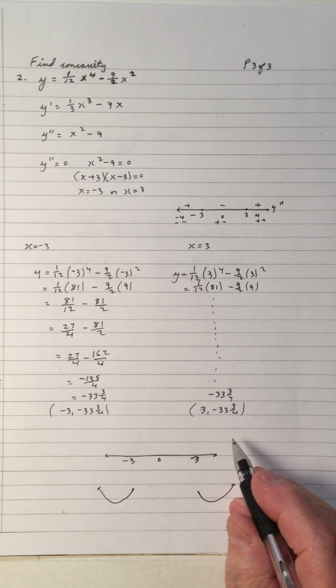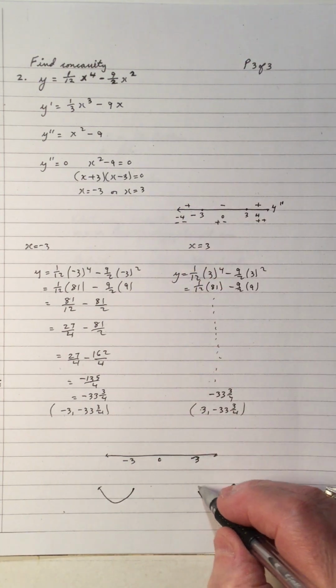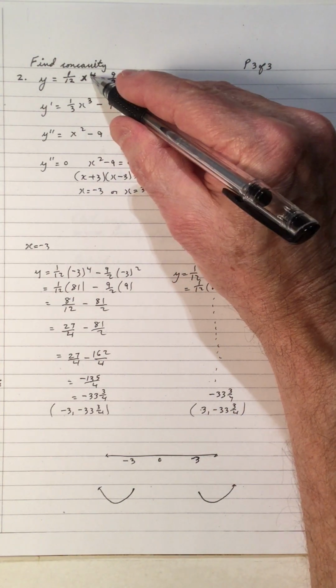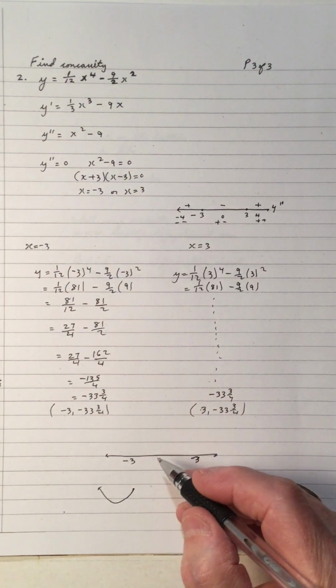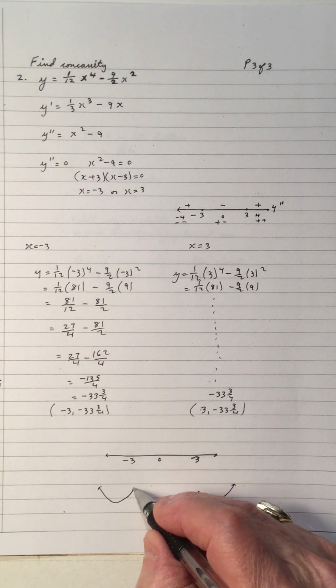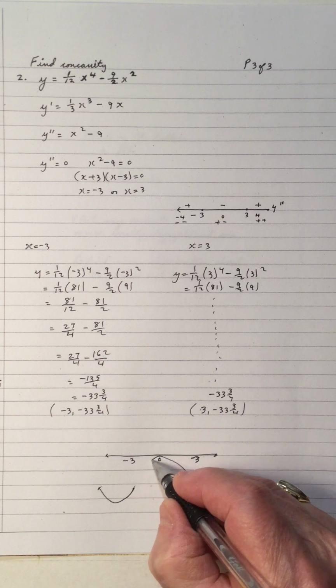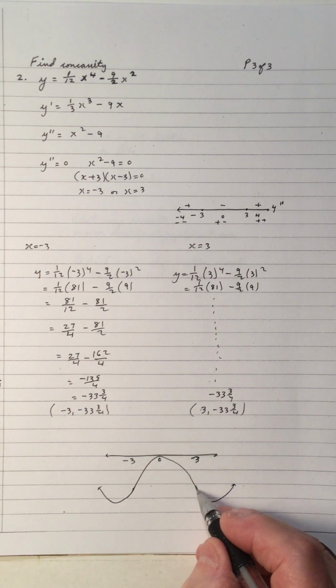And that means if you go back and look to see where the middle is, if you make x equals 0 here, you get y is 0. So the middle is going to go like this. So these are the two inflection points right here.